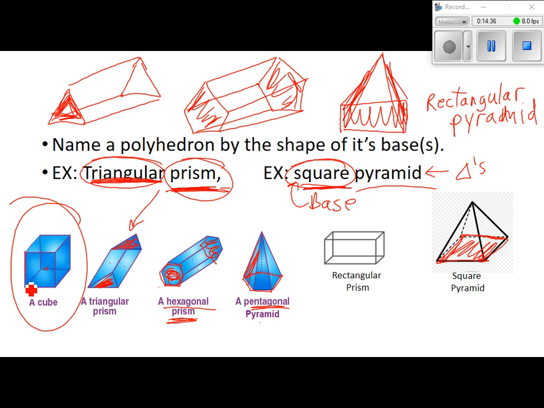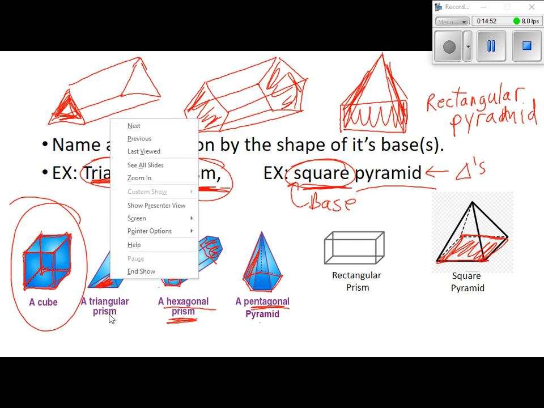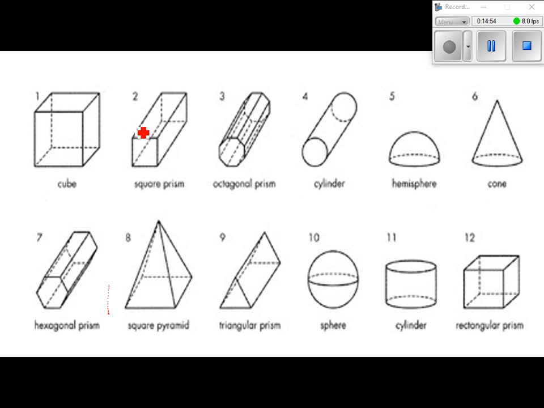It's just in a cube, all these faces, no matter if it's a base or a lateral face, all 6 of the faces are all exactly the same. So here's just some different ones. These are in your notes there. You can look at them. Just pick them out.